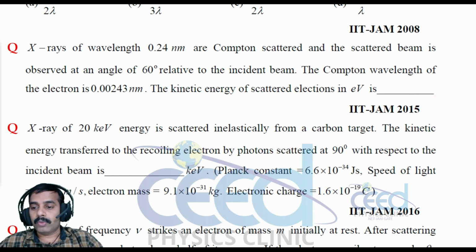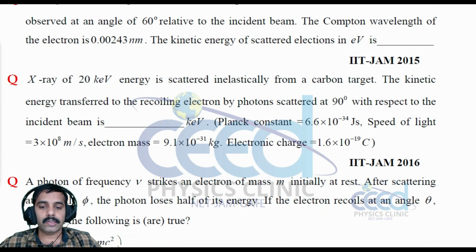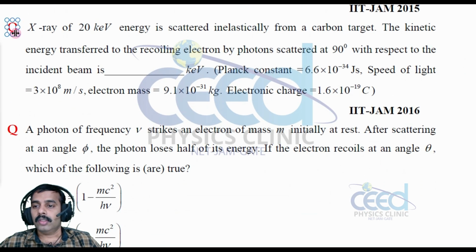Now let us come to another question. X-ray of 20 keV energy is scattered inelastically from a carbon target. The kinetic energy transferred to the recoiling electron by photons scattered at 90 degrees with respect to the incident beam is to be found.